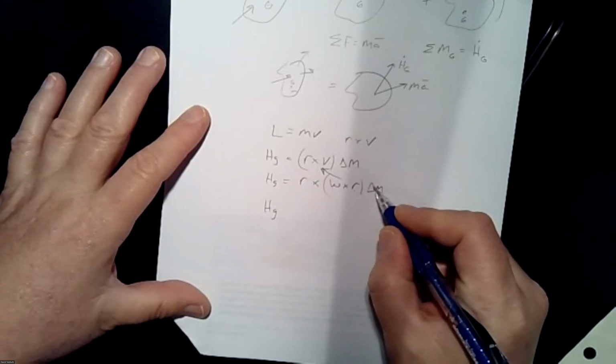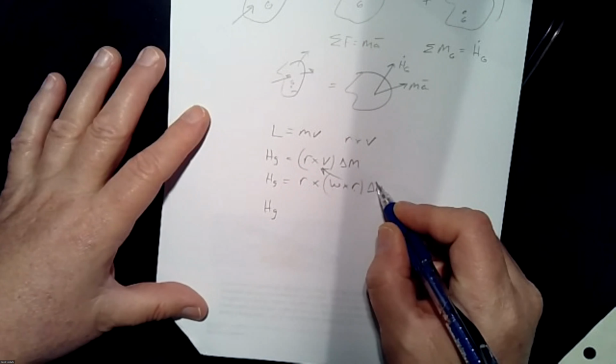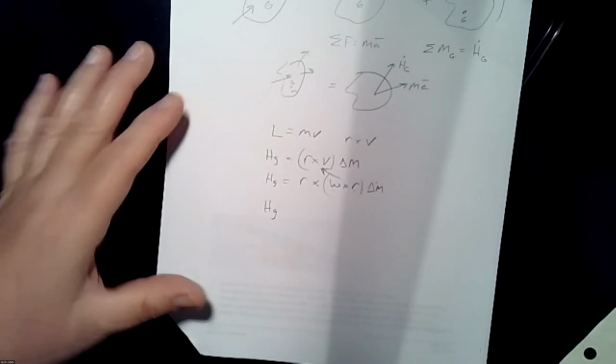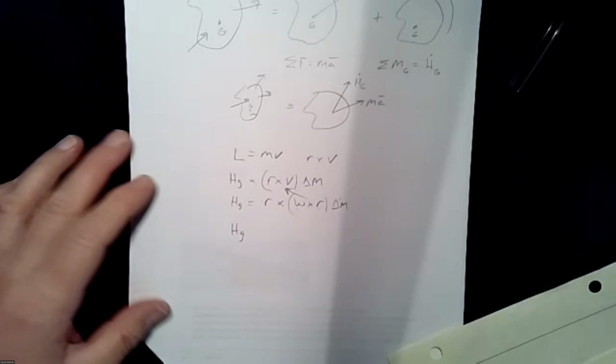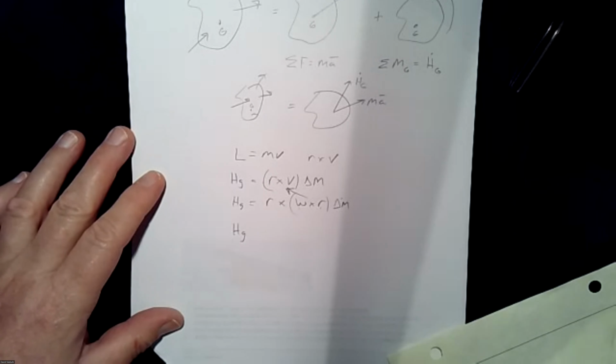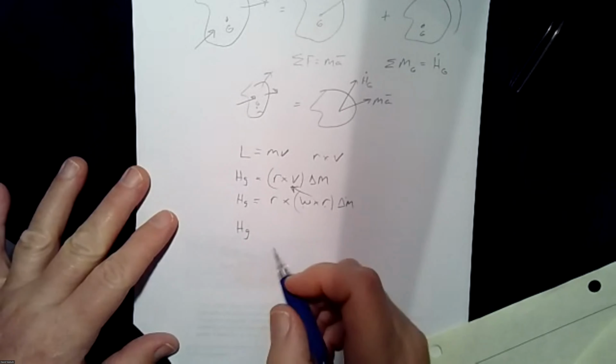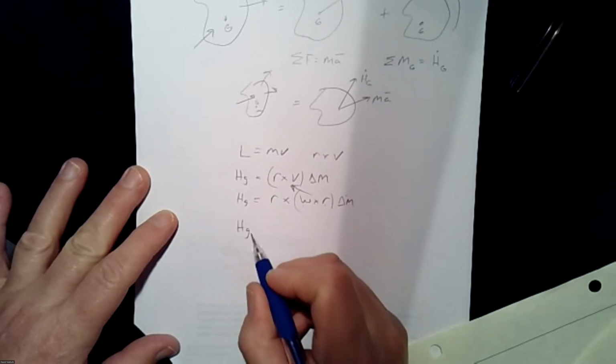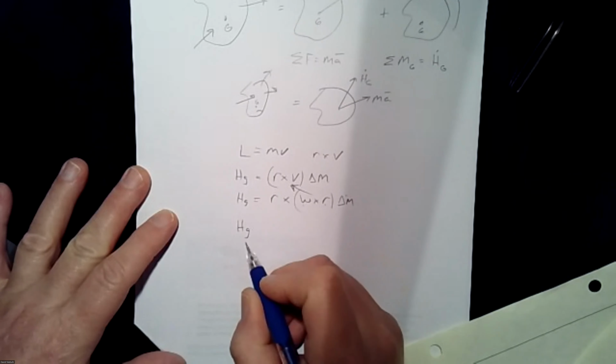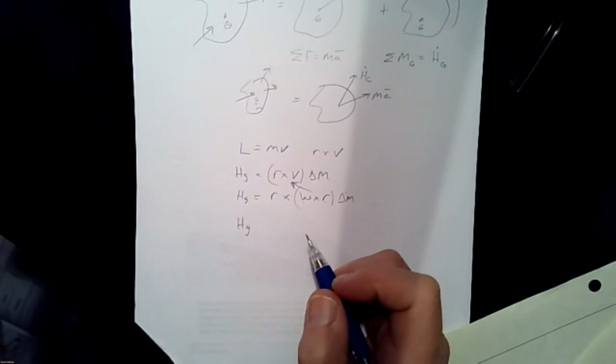So we can really think of m as a constant. If we think of m as a constant, then what we end up with is the sum of all the particles, again taking a bunch of particles and putting them together. What it boils down to is that the angular momentum about the center of gravity is the moment of momentum.